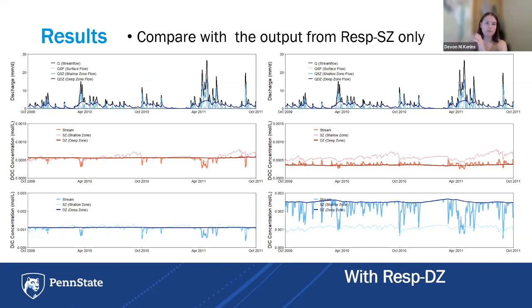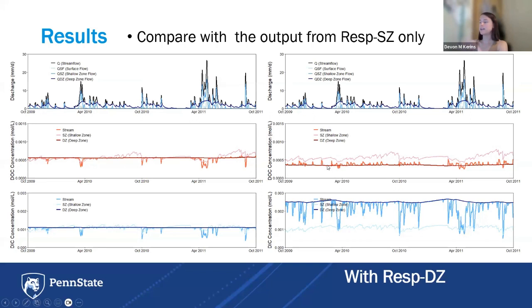So if we let the model run forever, we would eventually see the shallow zone and deep zone concentrations equal each other, which is pretty much what we see happening in this first panel, where deep zone concentration and shallow zone concentration are pretty similar throughout the year, or at least only very slightly around this baseline condition.